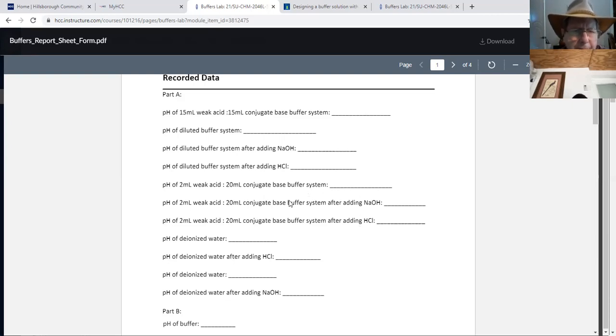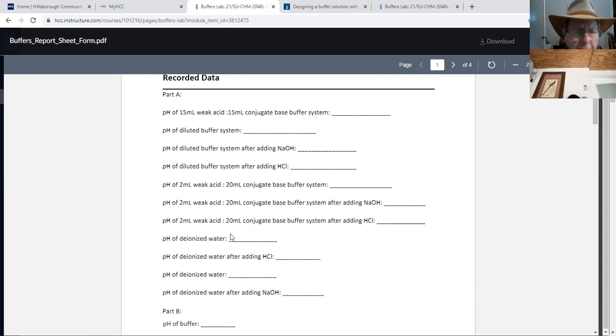Basically, they've got 3 milliliters of a strong acid. They're trying to see if that's going to break the buffer. That's all that's doing, Jennifer. And they're asking if the 3 milliliters of HCl changes it that much. Then you're going to throw that away.